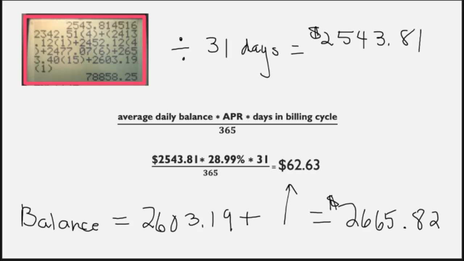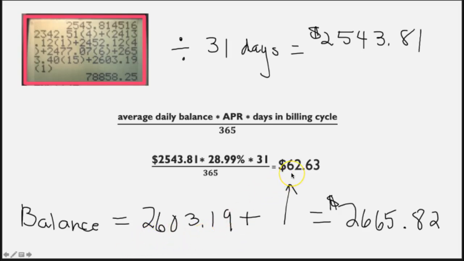Then to find the ending balance, you have to add the finance charge. Essentially, that's just the interest that they're charging you to carry a balance on that credit card. The 2603.19, that was the balance on the very last day. Look at your paper, and it's going to say that the very last day of the billing cycle, that was your balance.